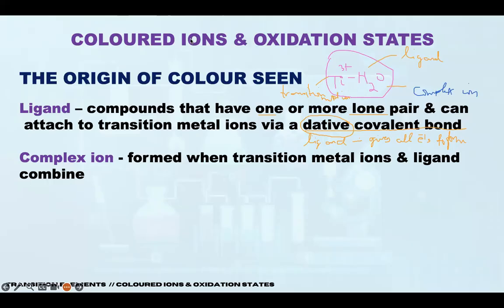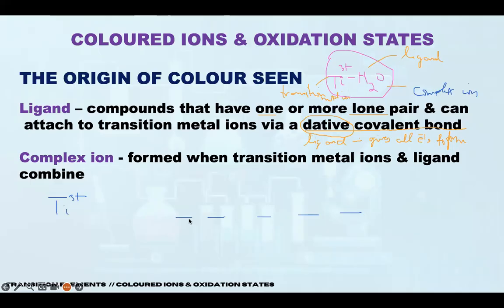We have the 3d orbitals when it's an isolated transition element ion, like when we have just Ti3+ by itself. We have our d orbitals, 1, 2, 3, 4, 5 of them.